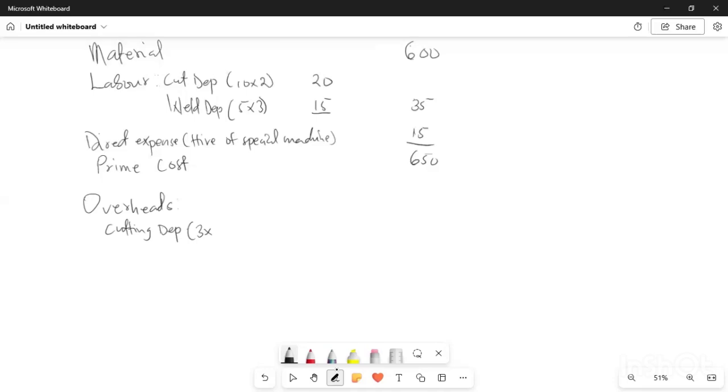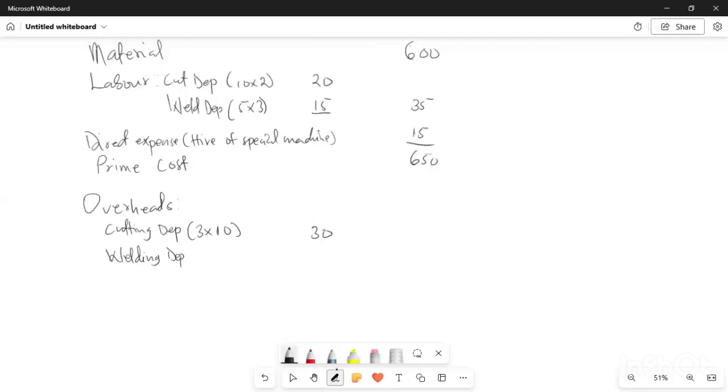Since the cutting department's overheads were absorbed on the basis of direct labor, you multiply by the direct labor hours spent in the cutting department. Do you get it? Yes. So when you look at the question, in the cutting department, the labor hours spent is what? 10. So we multiply it, then we come to the welding department too.